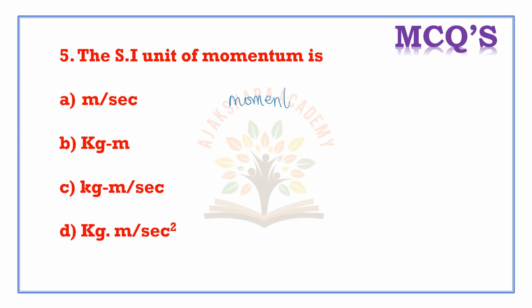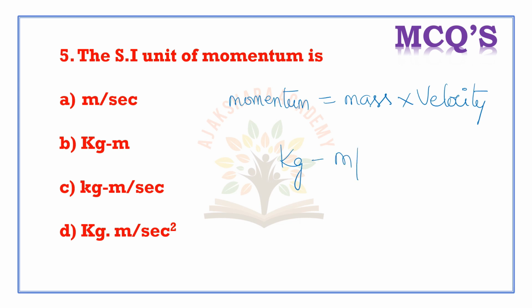Momentum is equal to mass into velocity. Here the unit of mass is kilogram. The unit of velocity is meters per second. So by the formula you can write the SI unit of mass as kilogram and the SI unit of velocity as meters per second.